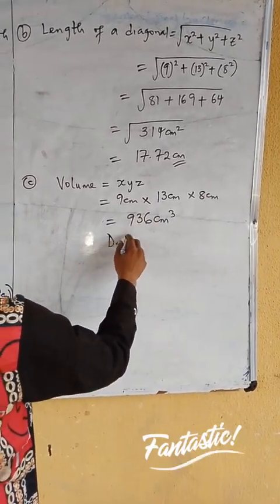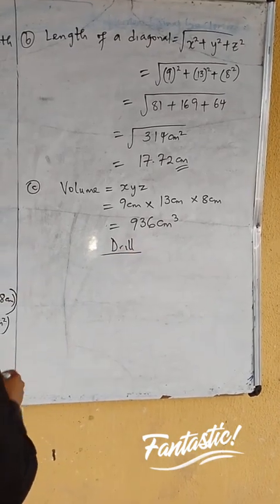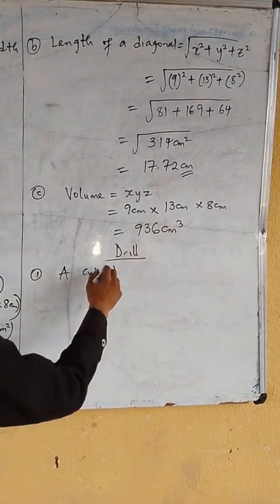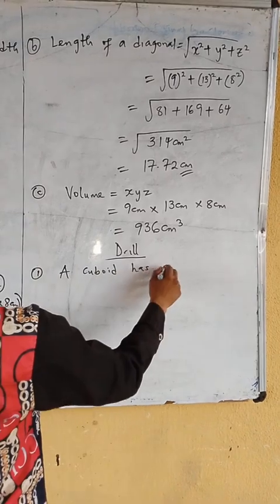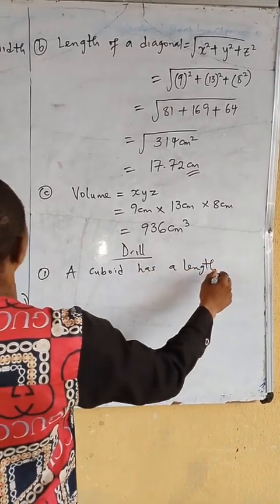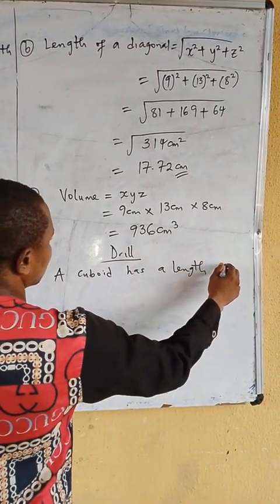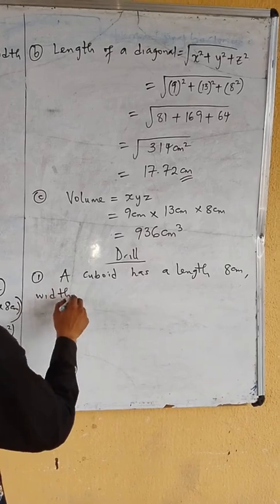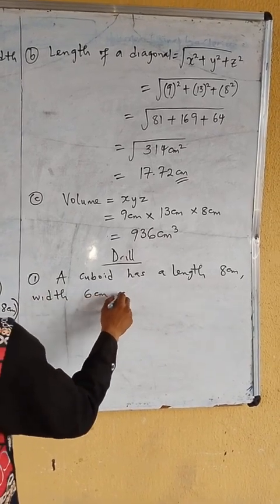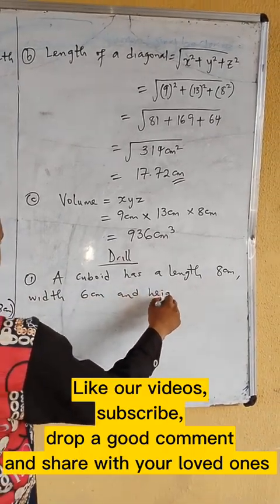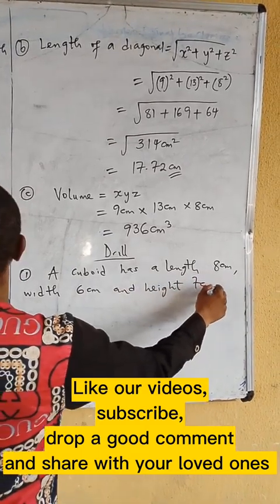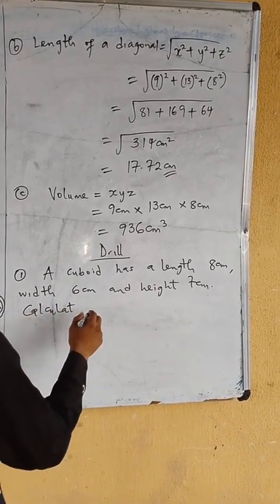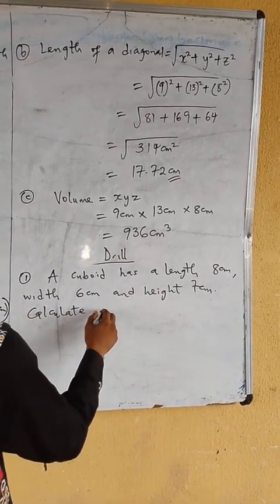So I want you to try this as well on your own. A cuboid has a length 8 centimeter, width 6 centimeter and height 7 centimeter.